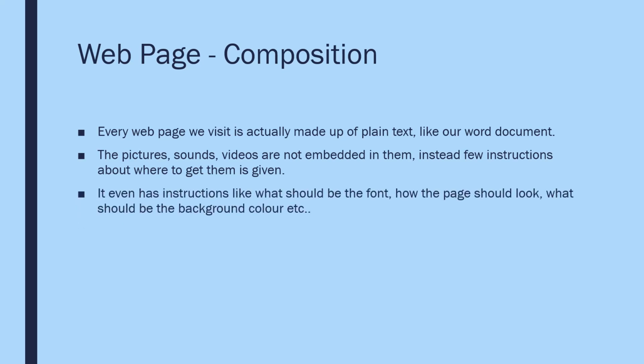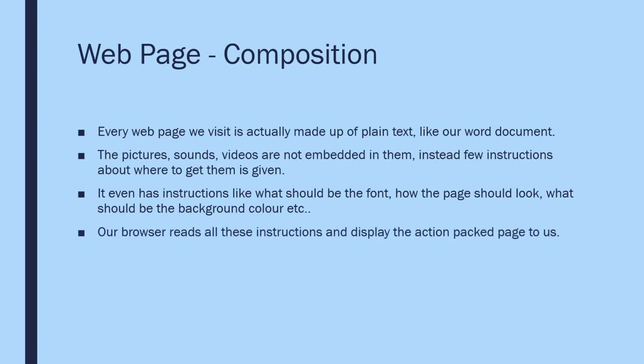It even has instructions like what should be the font, how the page should look, what should be the background color, etc. Okay, so all these instructions, they look like plain English and they are written with help of HTML. Our browser reads all these instructions and display the action packed page to us.